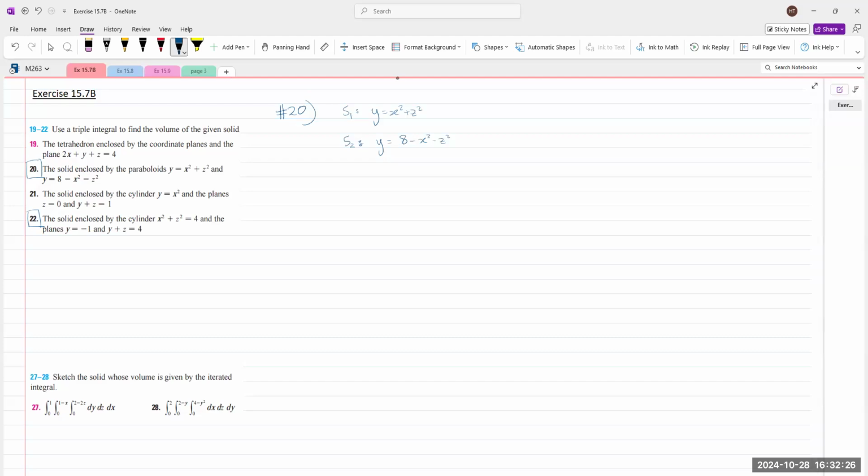So this is a paraboloid that opens in the positive y direction. Like so, if I try to sketch it, let's say this is the y-axis. Okay, it will be like this.